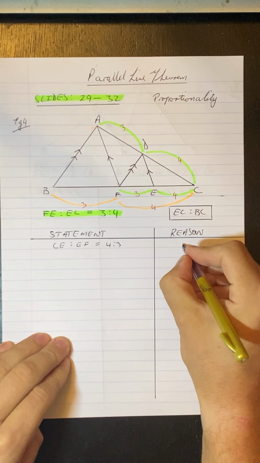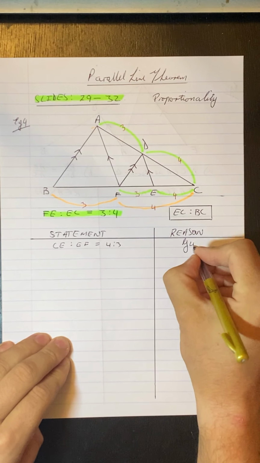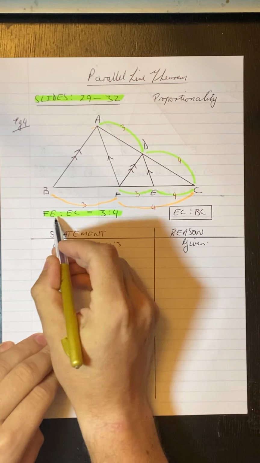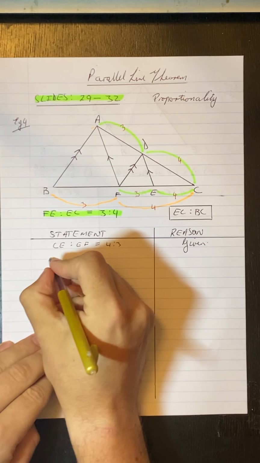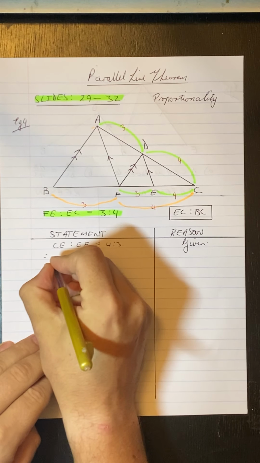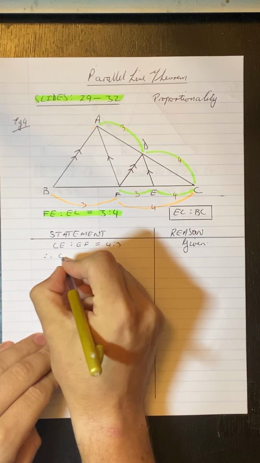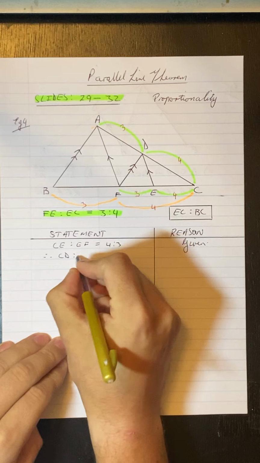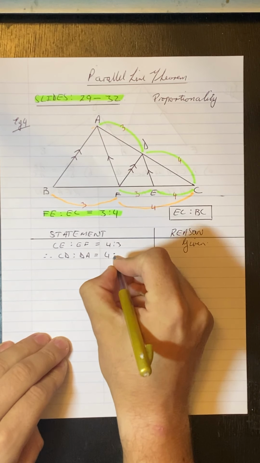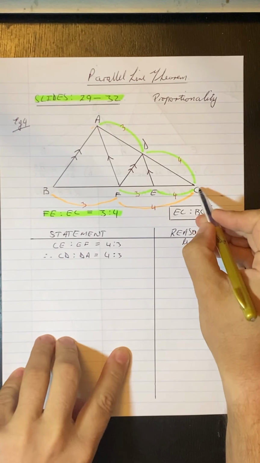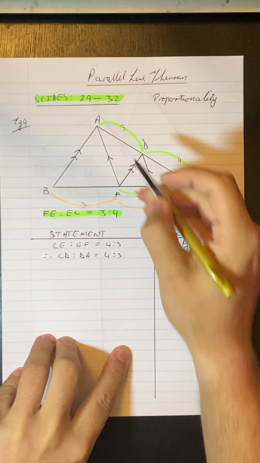Okay, and that was given from here. Okay, the next thing, therefore, CD to DA is also equal to 4 to 3. That's what we did over here, the CD to DA.